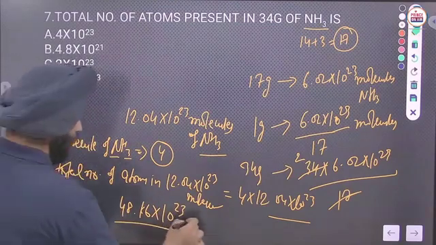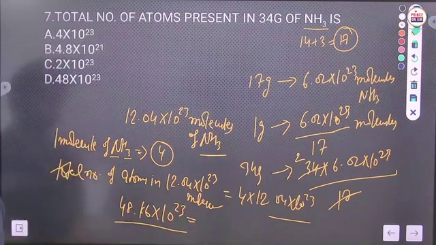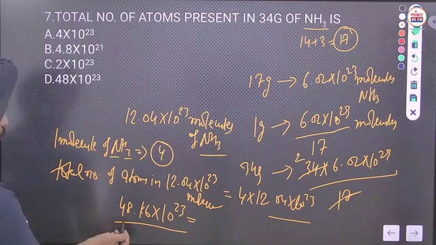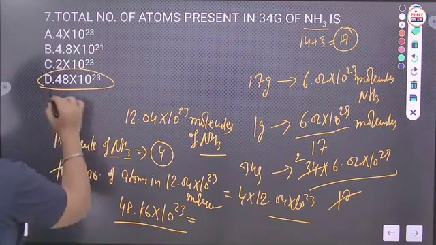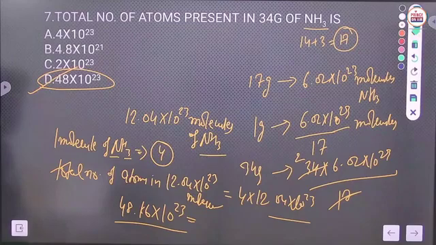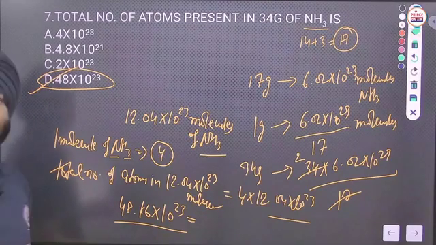So we can write it as 48 into 10 raised to power 23. That will be the answer, option D. So for the 7th, option D is the right answer.